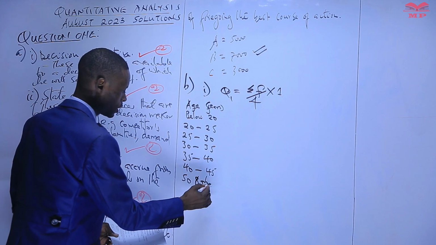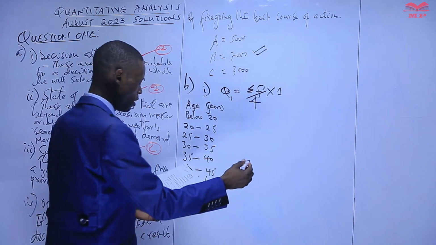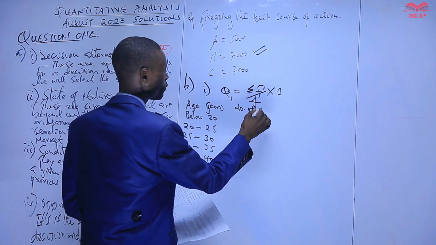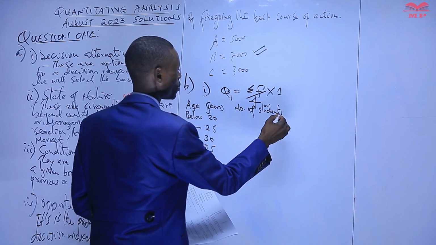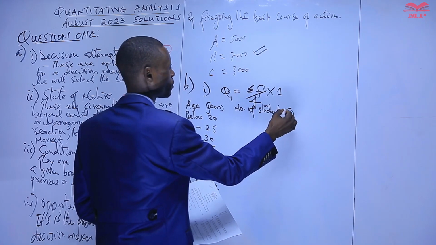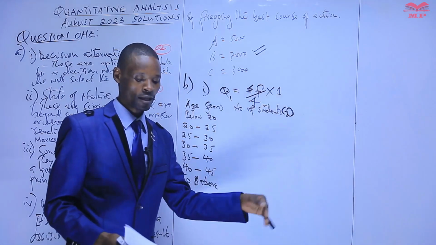Then I have the column for number of students, which I can denote as frequency. Number of students being the frequency.